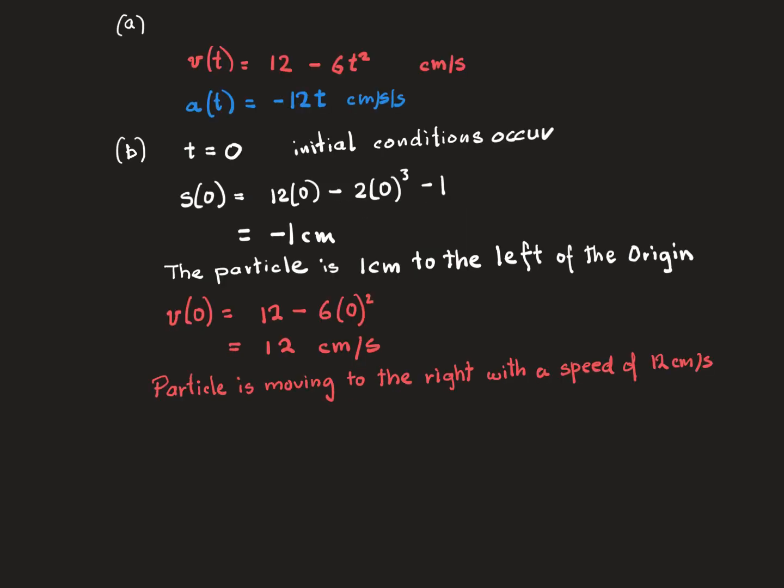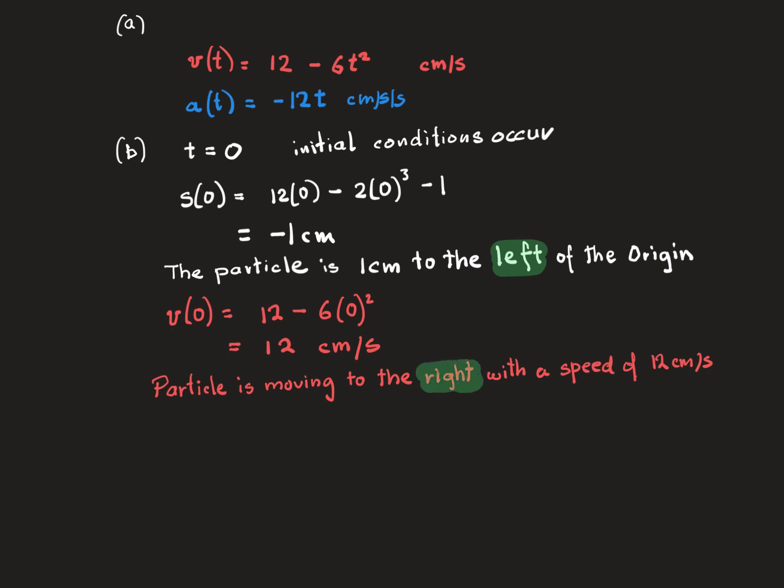Take note that if our displacement has a negative sign, like minus 1, the particle is going to be to the left. And if the velocity of our particle is positive, as in here, 12 centimeters per second, then the particle is going to move to the right.